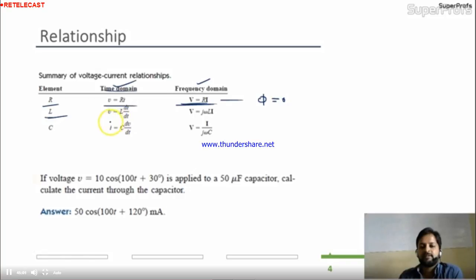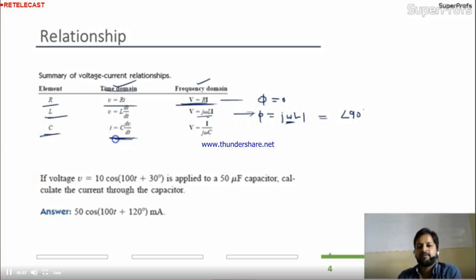In the inductor, V equals L di by dt, right? So d by dt we can replace with j omega. So finally V is nothing but j omega L I, right? And j omega is nothing but angle 90 degrees. Minus j omega is minus 90 degrees.